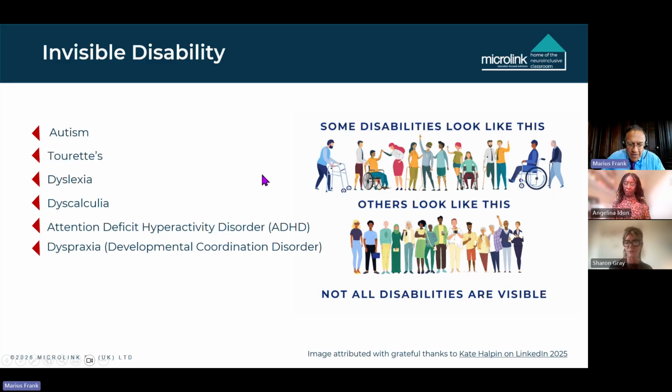We've selected some of the top 6. Now, looking at an individual, these disabling issues, and the word disabling is a moot point. We can talk about that as well. But some of these are invisible just by looking at a person.